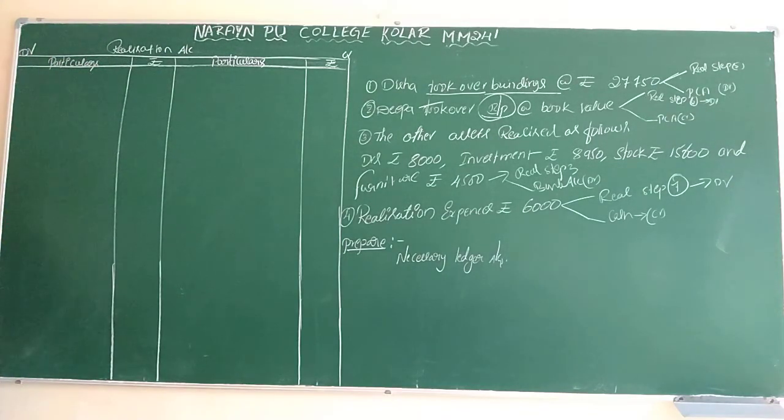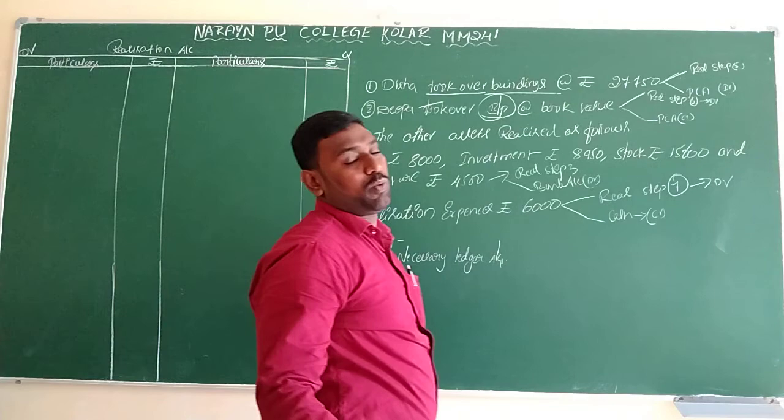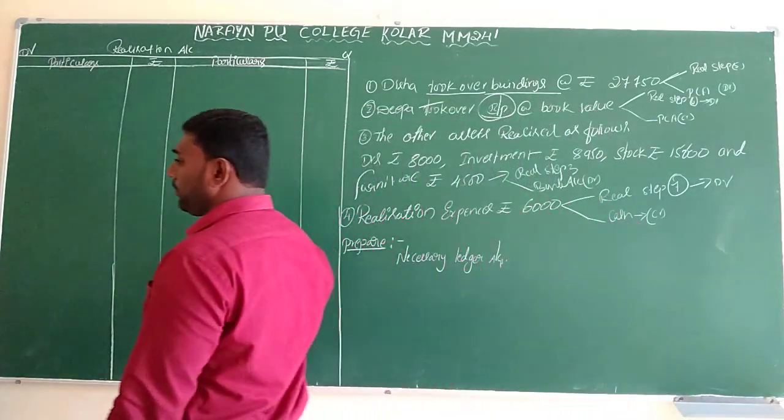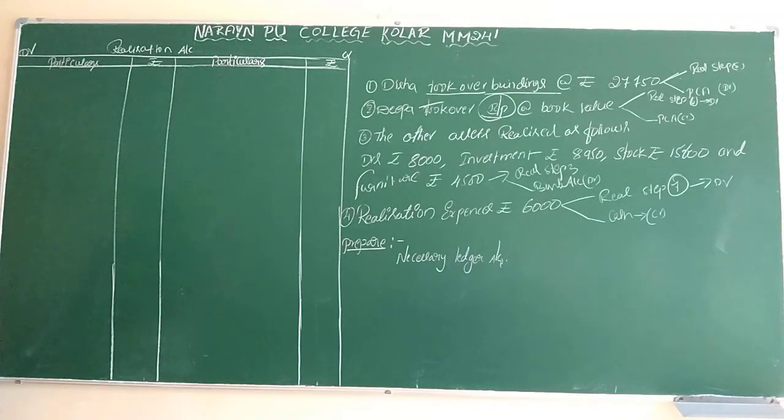Debit and credit we have to write compulsorily. So particulars, rupees, particulars, rupees. These are the transactions or accounts we have to write. With the help of some procedures, some steps, we have to prepare the ledger accounts only. So let's discuss the ledger account.